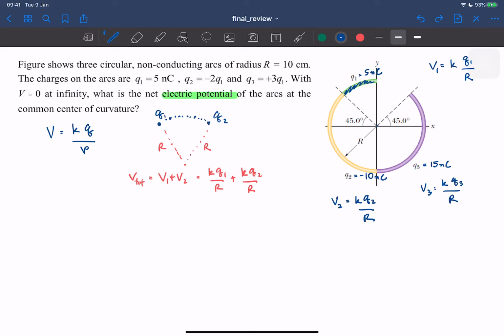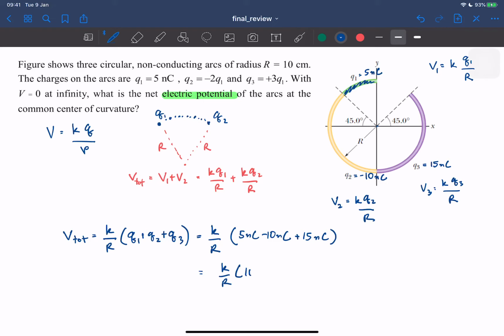So the answer, V total, is all K over R times Q1 plus Q2 plus Q3. So that's going to be K over R times Q1, which is 5 nanocoulombs, plus Q2, which is minus 10 nanocoulomb, plus Q3, which is 15 nanocoulomb. So altogether it's K over R times 10 nanocoulomb.